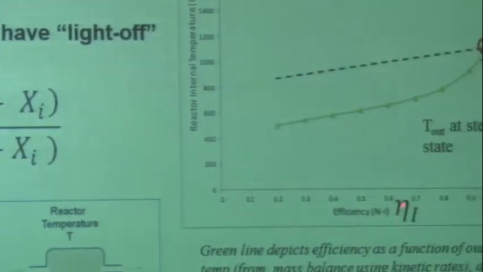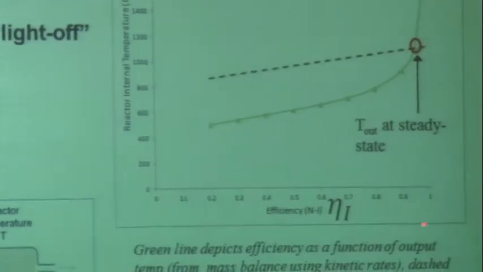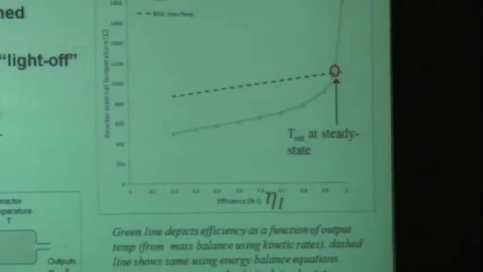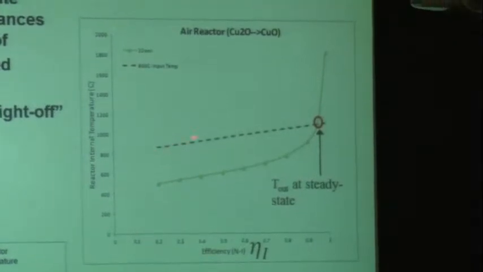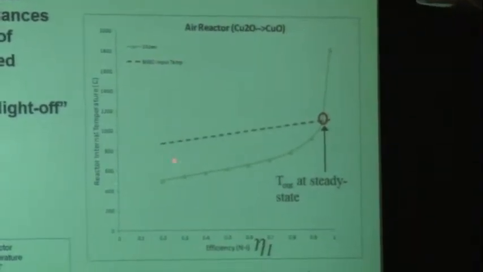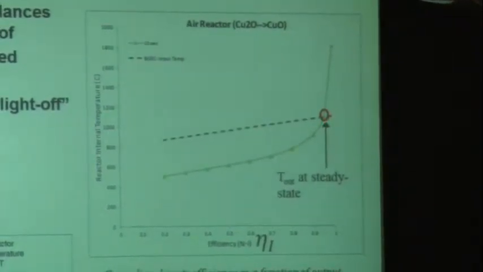Obviously, if I have the conversion running along this axis, and that conversion is liberating heat, then the temperature in the reactor will go up linearly as I convert more of the material. The straight line ought to make sense to you from that standpoint, right? Just saying, as I convert more of this, I'm releasing more heat as I move along that axis.